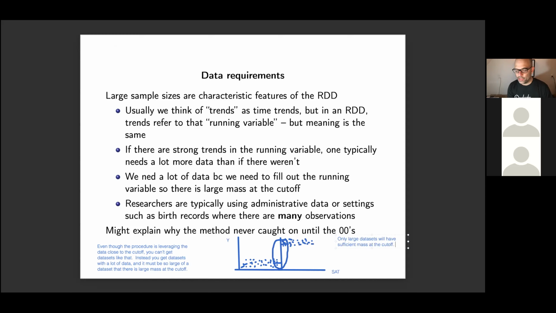You usually need thousands and thousands of observations just to get enough mass at the cutoff. So you may not even use all of the data, but you need the whole. Practically speaking, you need large data or enough at the cutoff.